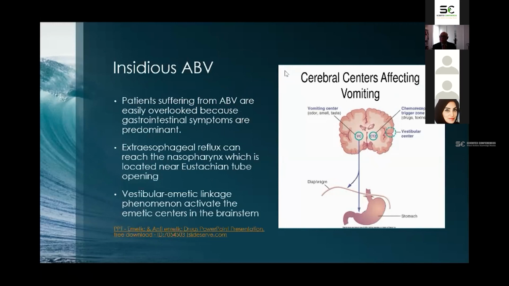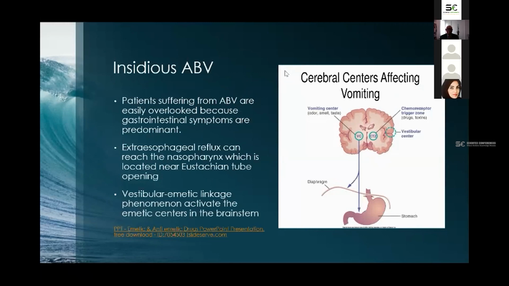Of note, cases of insidious ABV are most likely to be overlooked because gastrointestinal symptoms are predominant. Extraesophageal reflux can reach the nasopharynx, which is located near the Eustachian tube opening. The vestibular emetic linkage phenomenon occurs when vestibular stimulation impulses pass along the vestibular nerve to the central nervous system and activate the emetic centers in the brainstem.